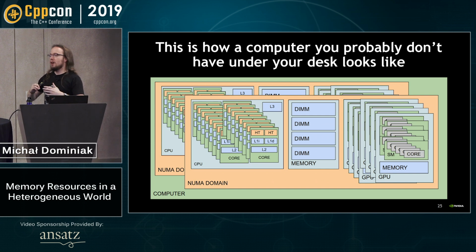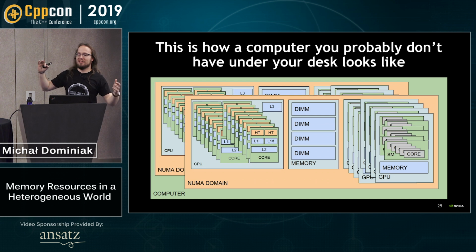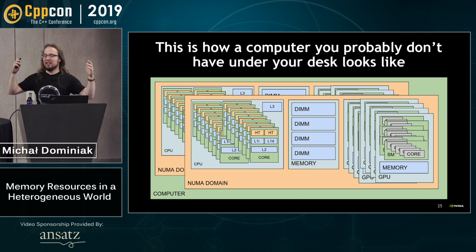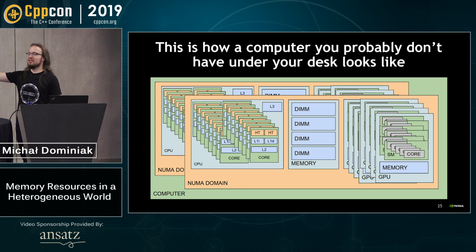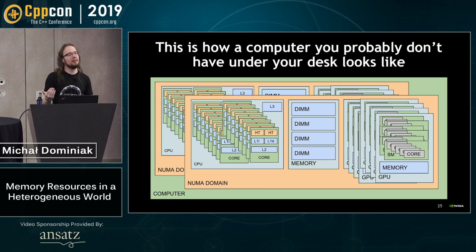So we have this multidimensional hierarchy of where memory lives and where CPU cores or GPU cores or anything else is. And there is always going to be some cost of accessing memory.